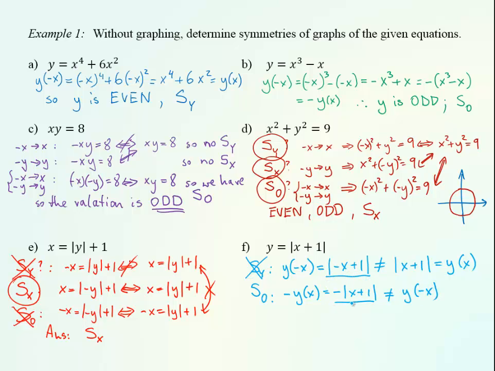These two are not the same, therefore we also don't have symmetry in the origin. So y is neither. It's not even and it's not odd. Not even nor odd.